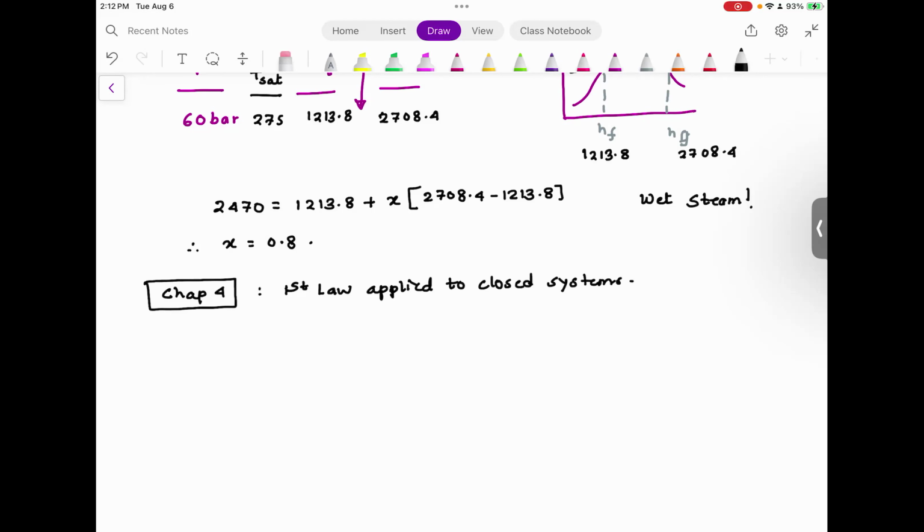Please take out the notes for chapter 4, and we will work out problem number 1. Does everyone have the notes?